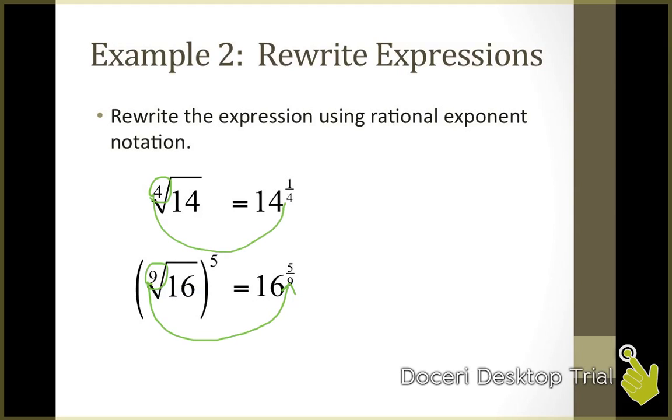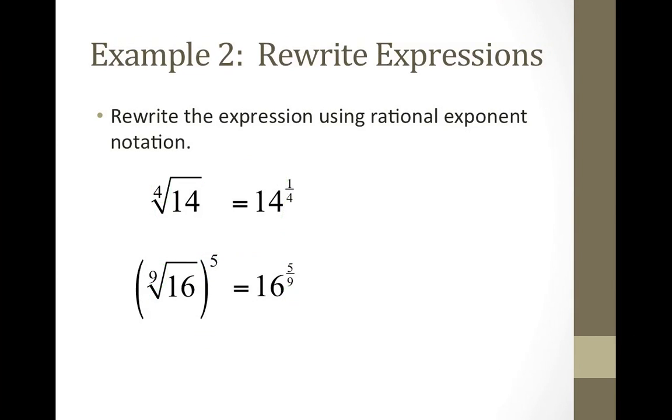Same thing here. And then whatever our exponent is on top, that's going to be the numerator. So here there wasn't any other additional exponent, so we just used 1. But here we had this 5, and so 5 is what became our numerator. So when you have those kinds of combinations, just remember that roots go on the bottom and your exponents go on the top.